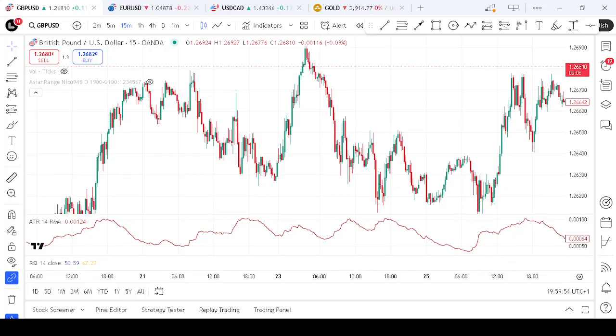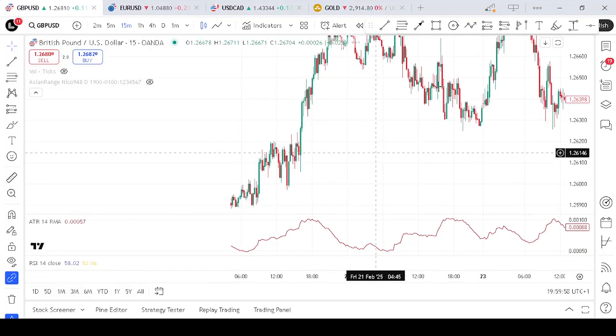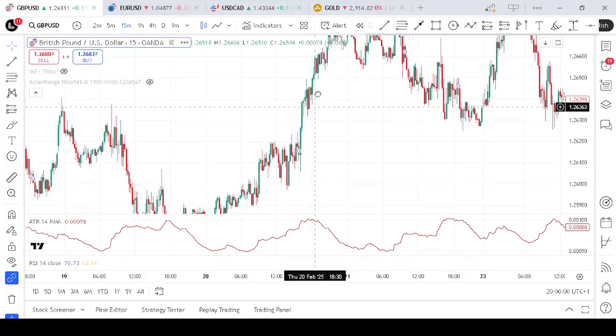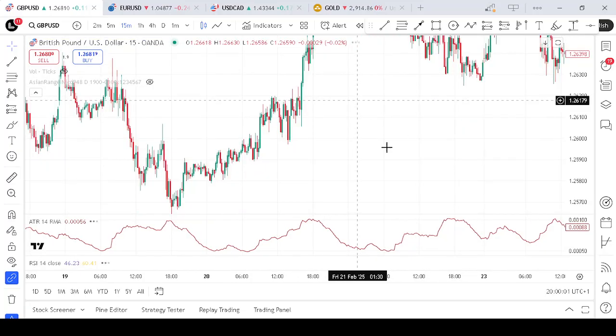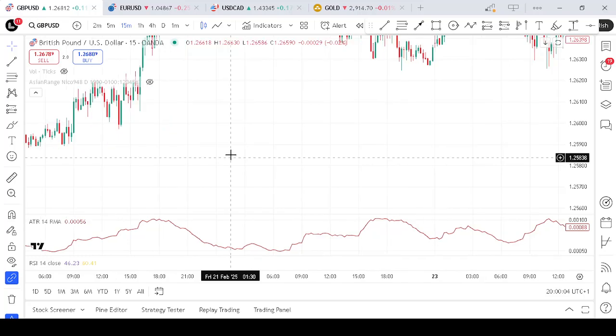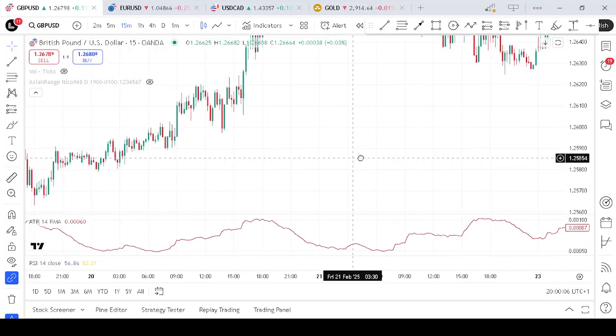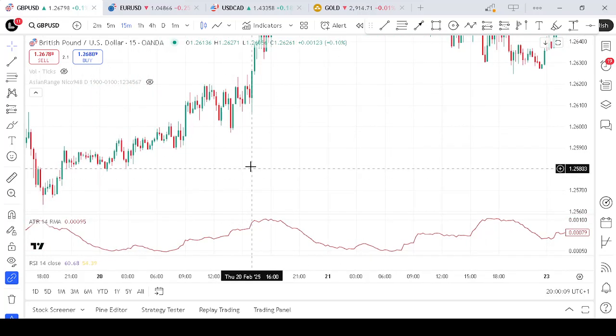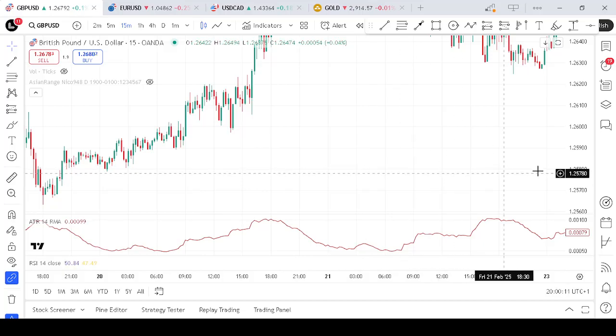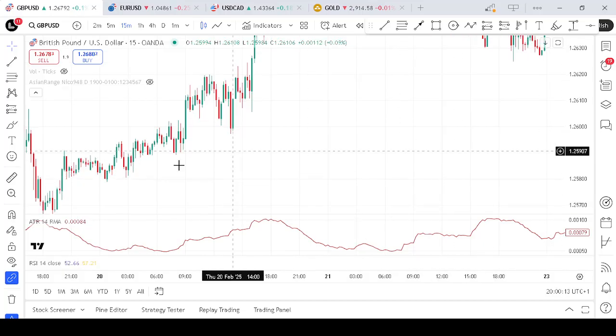During these patterns, price moves within a confined range with decreasing volume, indicating reduced trading activity.